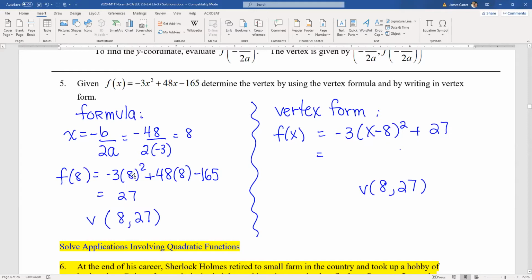Now we substitute that 8 into the equation, and we get 27. So our vertex is the point (8, 27). In vertex form, this problem would be negative 3 for the a value, 8 with the opposite sign, and 27.